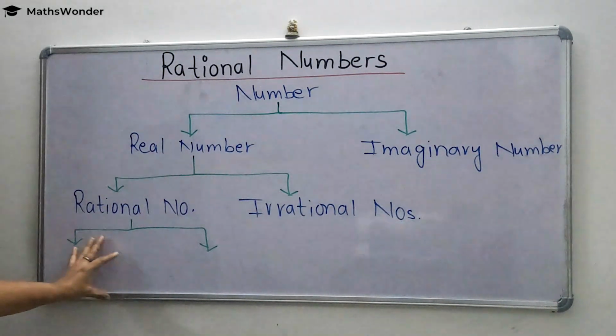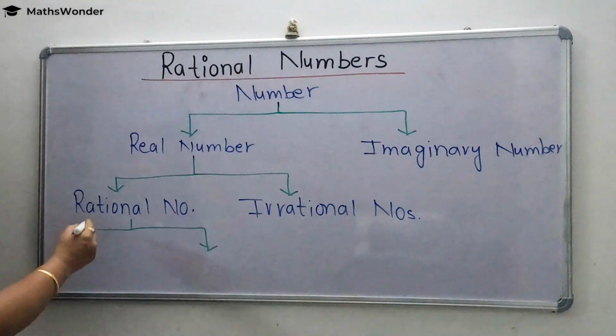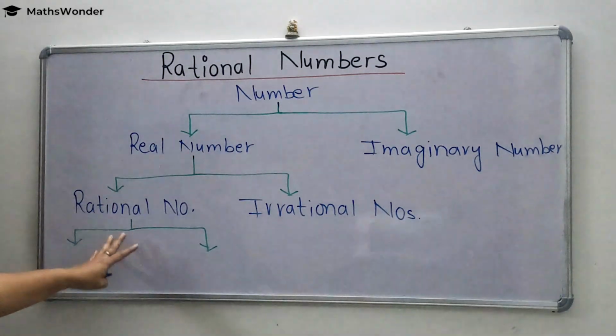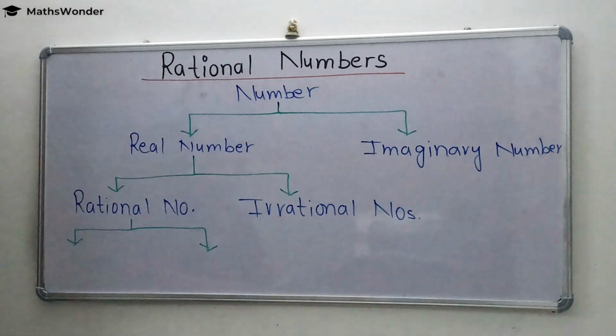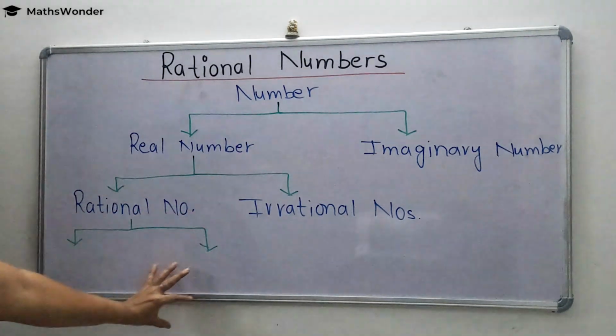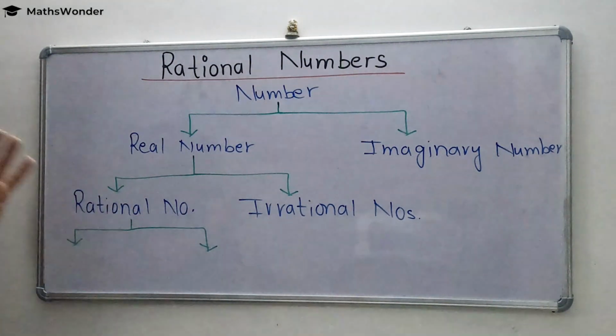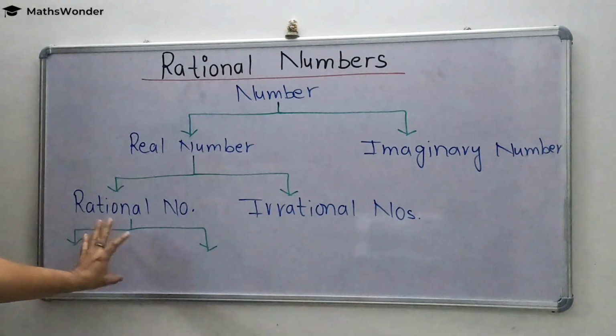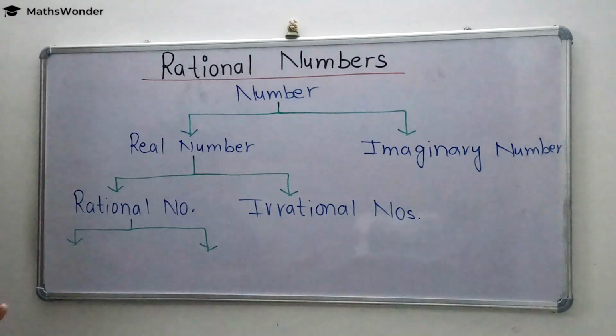So we will include every type of number under rational number. If you want, you can write the big list. I'm not able to write here because there is no space. You can write every type of number which you know under this category. So rational number is everything as of now till 8th grade.